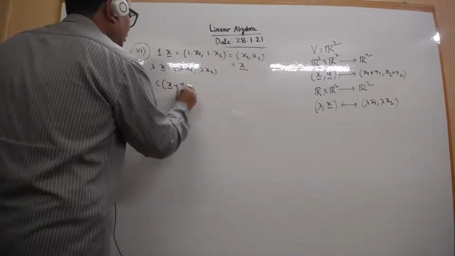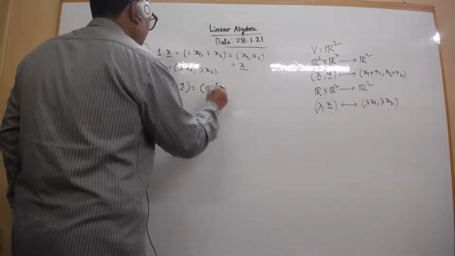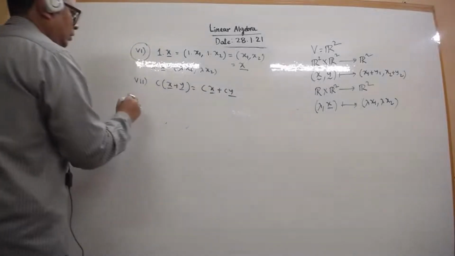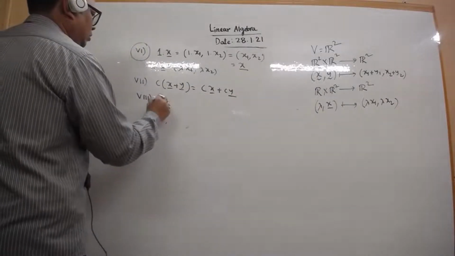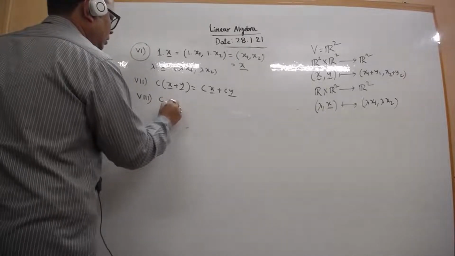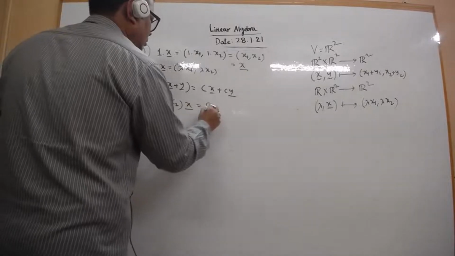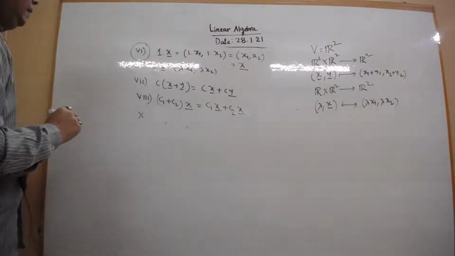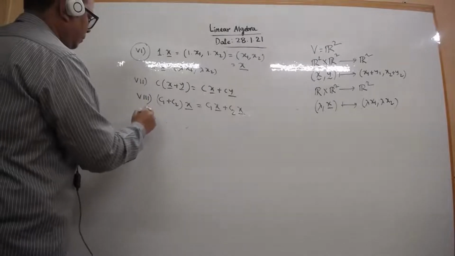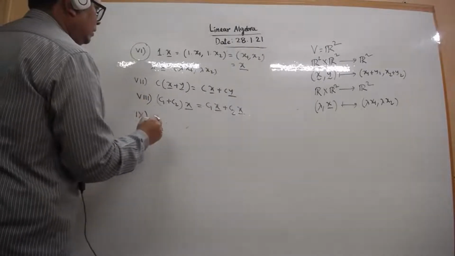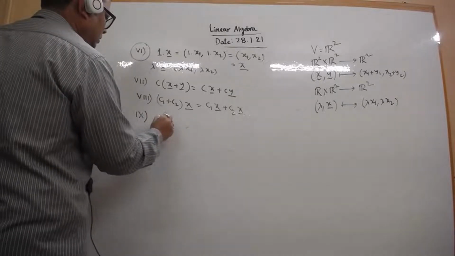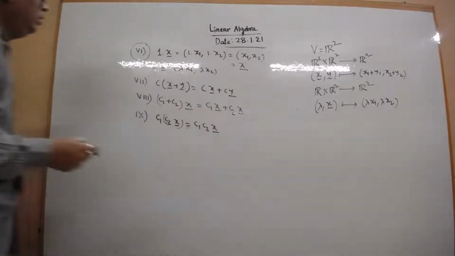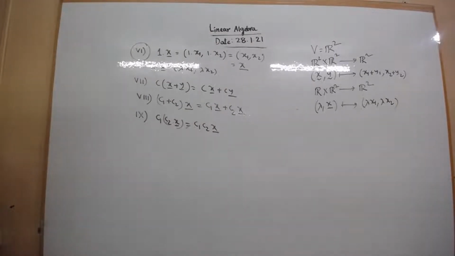Similarly, you can easily check that axiom 7, the distributive property, C(x curl plus y curl) equals C x curl plus C y curl, then (C1 plus C2) x curl, and then property number 9, (C1 C2) x curl equals C1 (C2 x curl). All these axioms are satisfied.